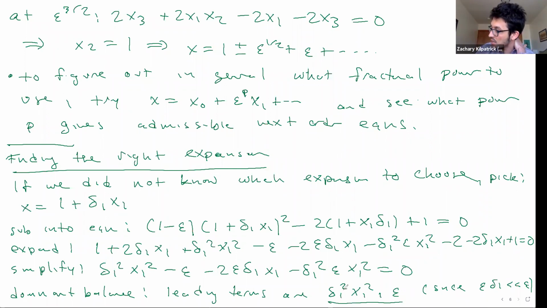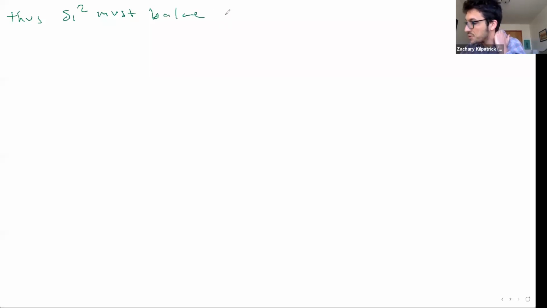That tells us that delta 1 squared needs to have the same order as epsilon. So that immediately tells us that delta 1 needs to be epsilon to the 1/2. Just to say that in words, delta 1 squared must balance epsilon.